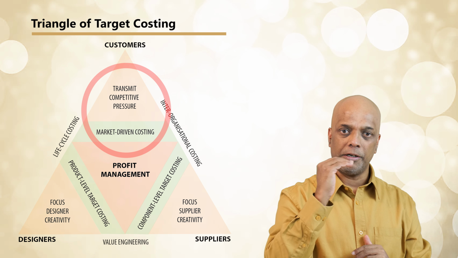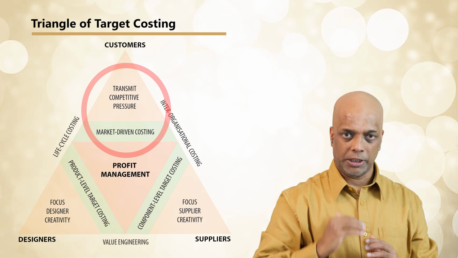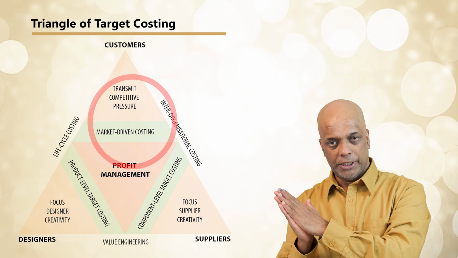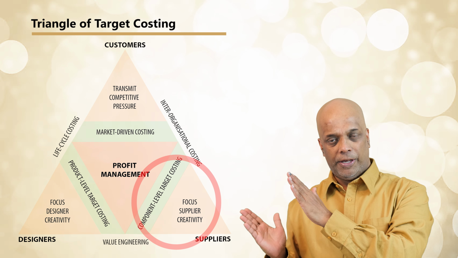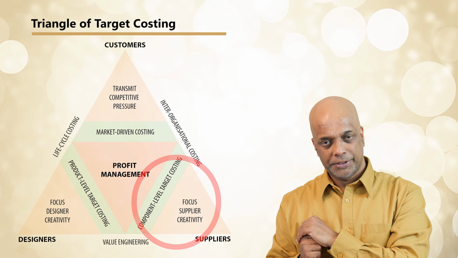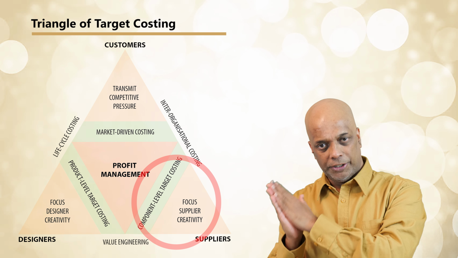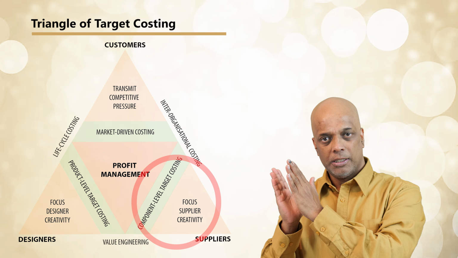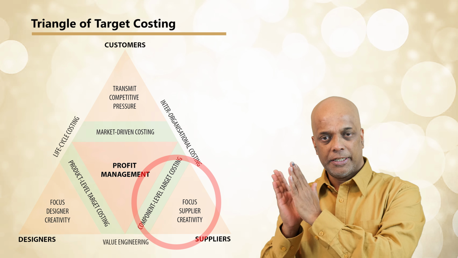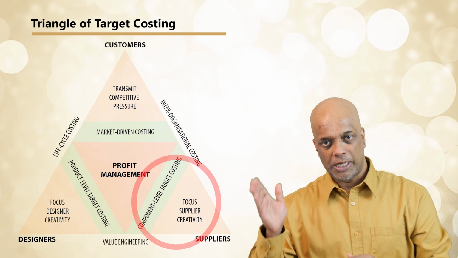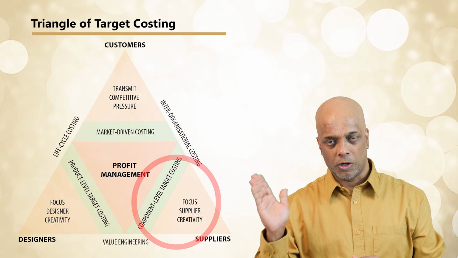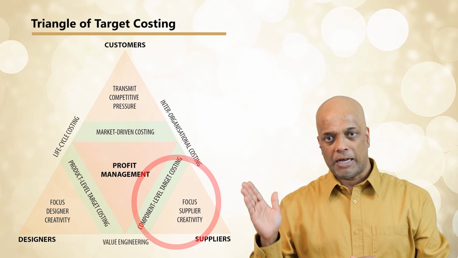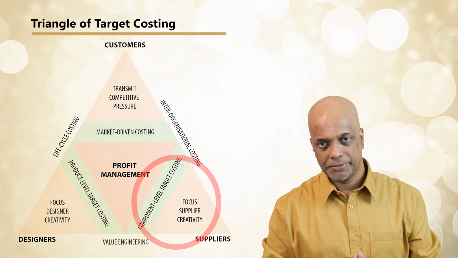Customer-driven or the market-driven costing. Then the second frontier is the frontier where we face our suppliers. And in that particular frontier, we have the costing activity of component-related target costing. So we have to establish a set of target cost for each component that our suppliers provide us.